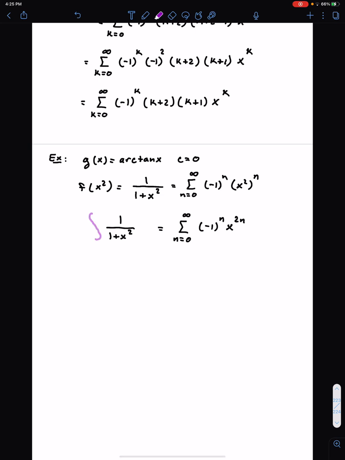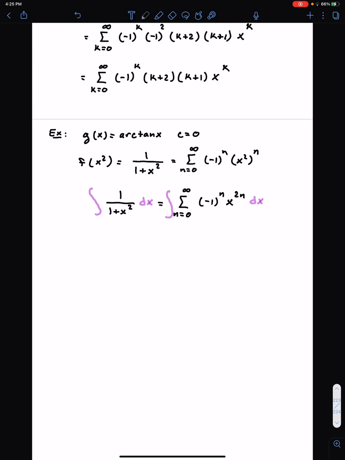So I'm going to integrate the left side with respect to x, and I'm going to integrate the right side with respect to x as well. So the left side turns into arctangent of x plus some constant is equal to, if I integrate the right side, I have the sum from 0 to infinity of negative 1 to the n, x to the 2n plus 1 divided by 2n plus 1.